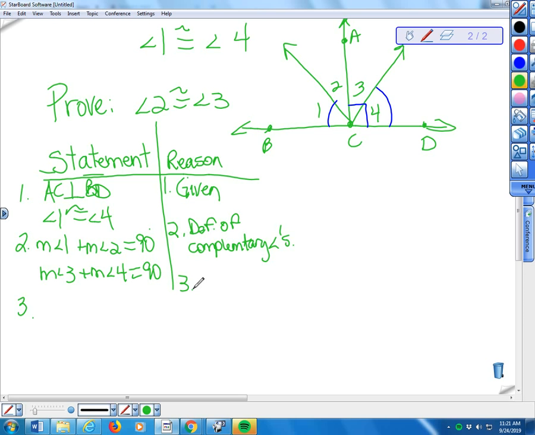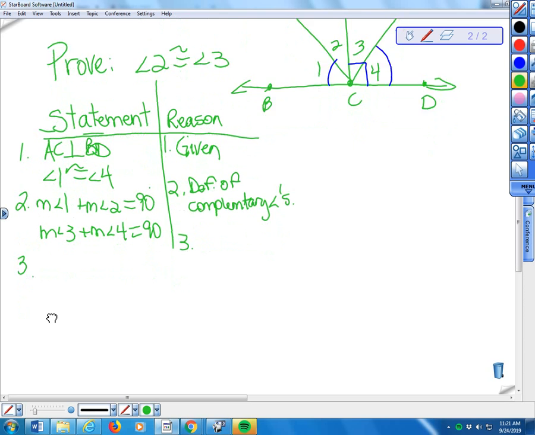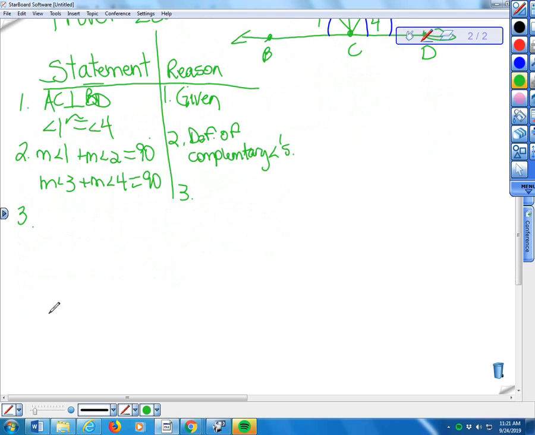I already did that. That's the given. 2 and 3. Why are 2 and 3 equal given this? Because 1 and 4 are. So what did you do to show that 2 and 3 are equal? Well, what if I substitute in?